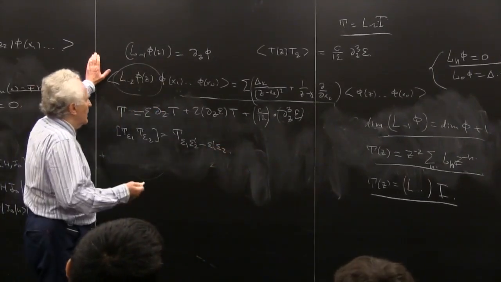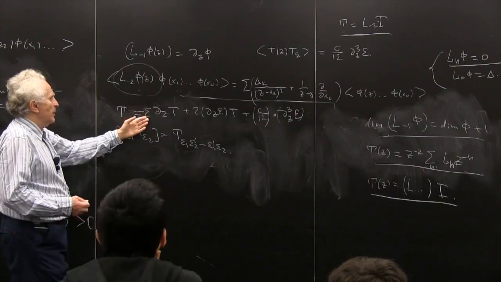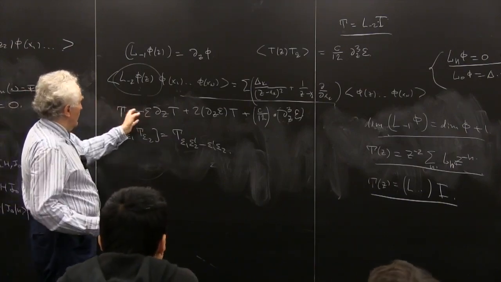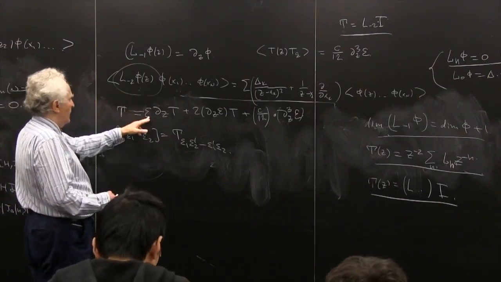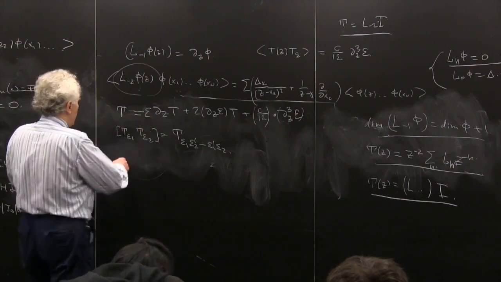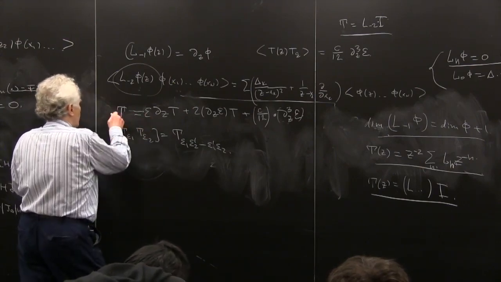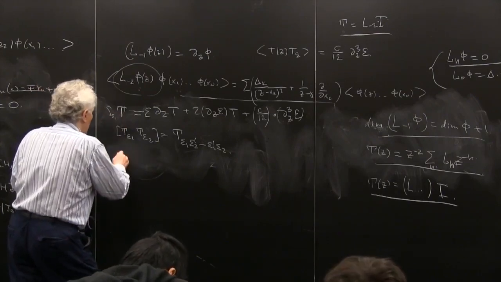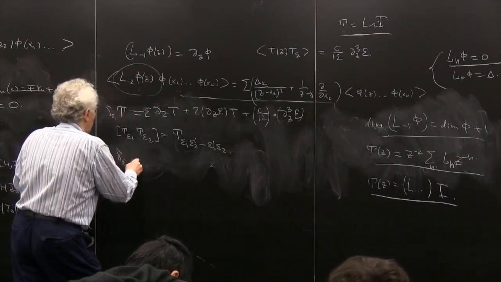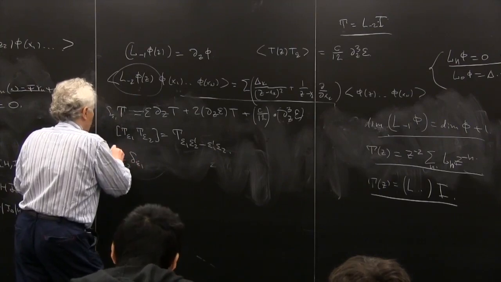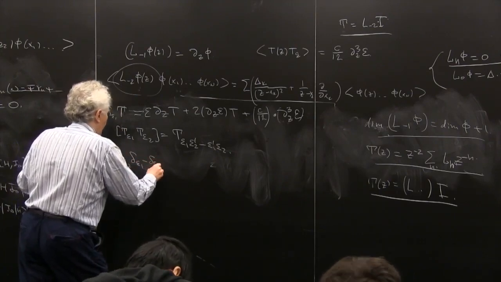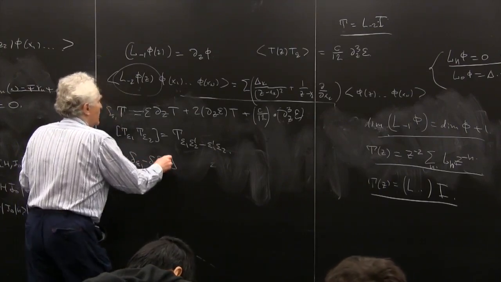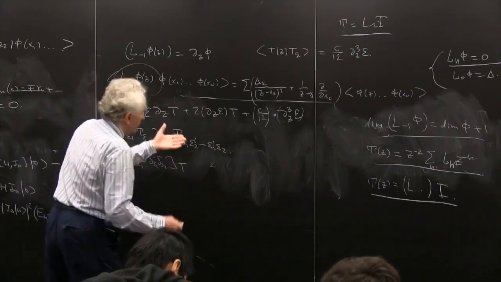Again, I will go quickly here. It's simply how you derive this. You simply take, say, epsilon 1 here. You literally take the commutator.